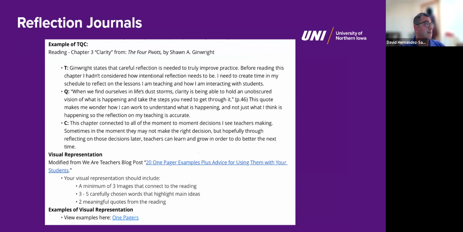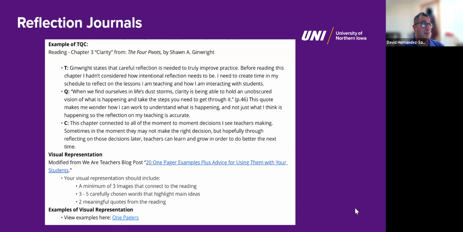So here's an example of the TQC. This comes from a reading of Chapter 3, Clarity, the Four Pivots, by Shawn Ginwright. The thought: Ginwright states that careful reflection is needed to truly improve practice.